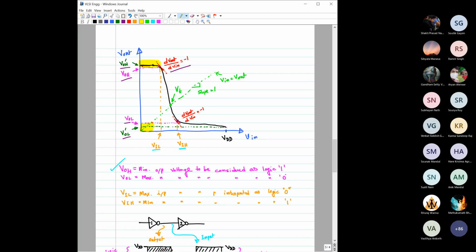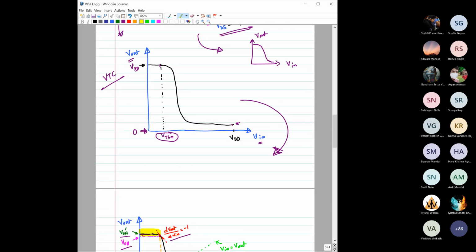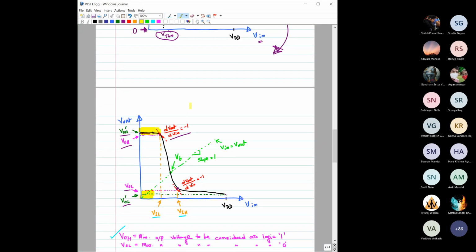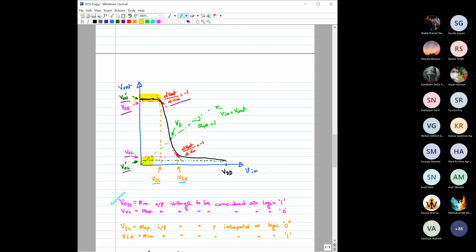As I have mentioned, for this particular case VOH is equal to VDD, but it is not the generalized one. It might be that VOH is not equal to VDD, and you can have some range of voltage on the output side, from VOH to the VDD level, which is considered as logic 1 output.